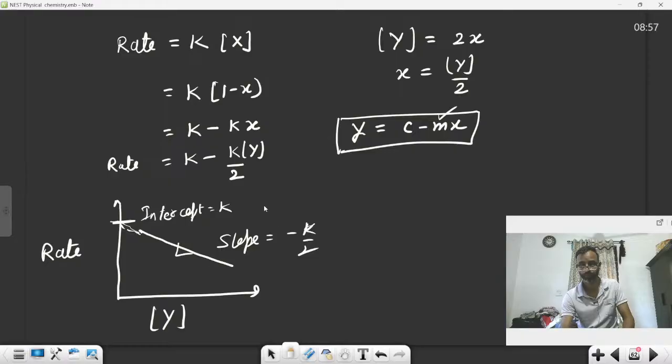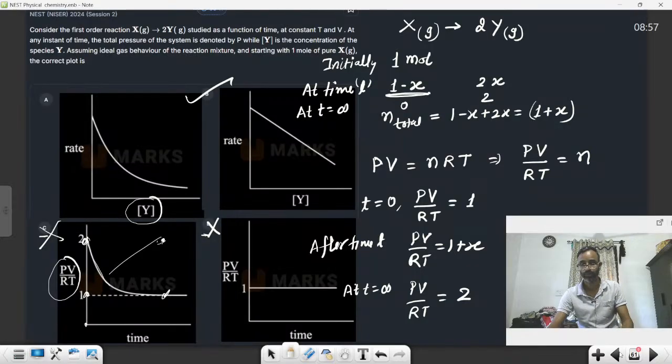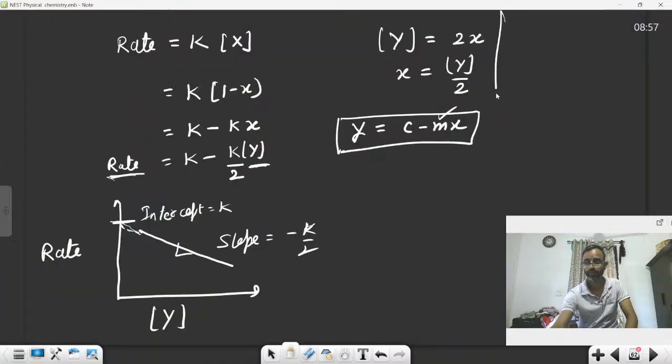See, because rate is power 1, y is power 1, because it follows first order kinetics. That's why it is like this. It is a straight line graph. It is not exponential, because it is rate versus y. Same if it is rate versus x, then it is like this.